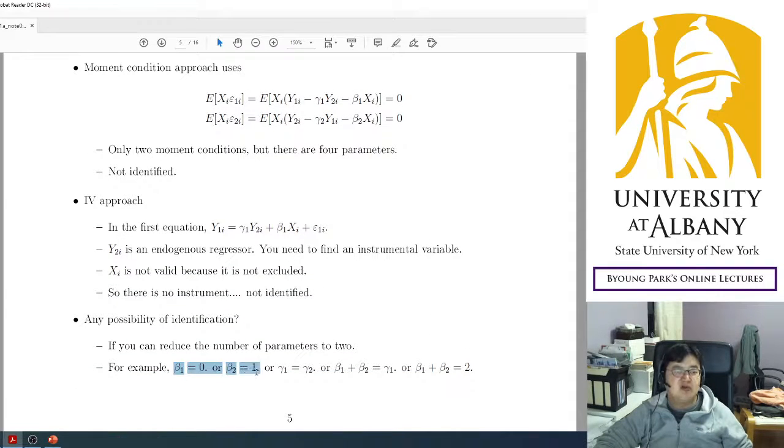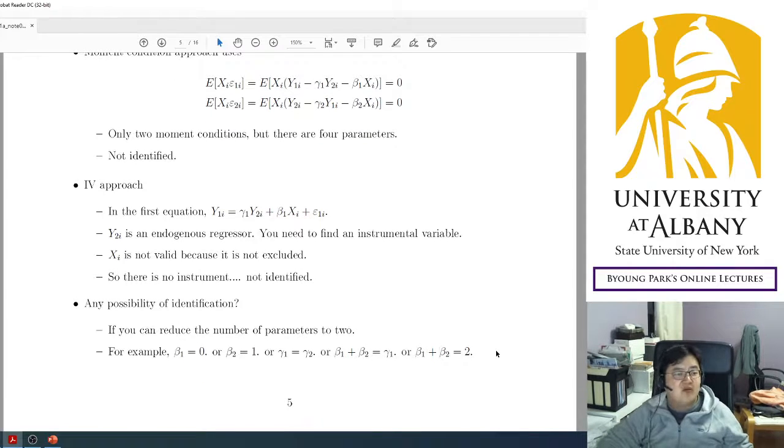For example, you may assume that beta 1 is a specific number, beta 2 is a specific number, or you may restrict something to equal another. Any restriction will help, and you need 2 of them. That's another simple conclusion we can learn from this case.